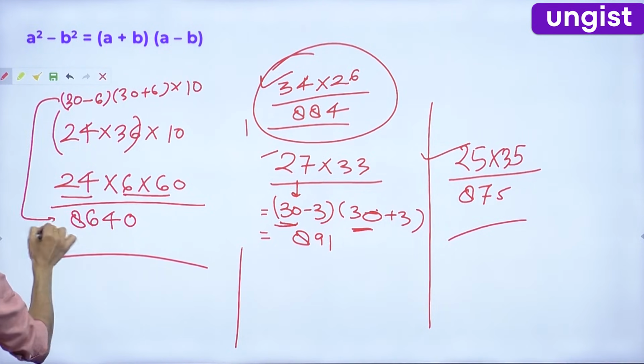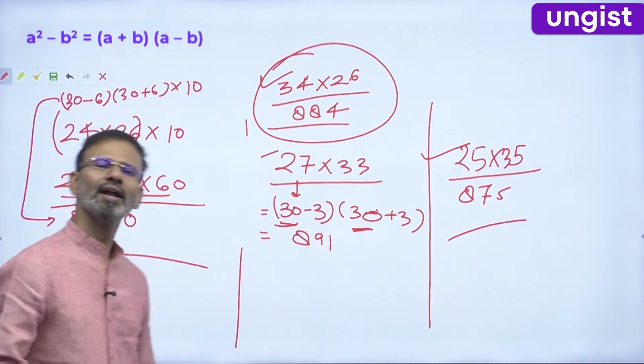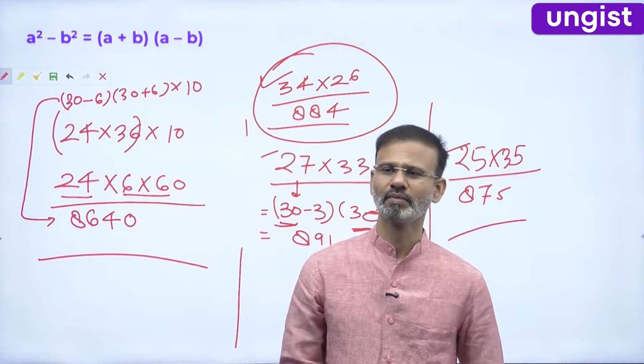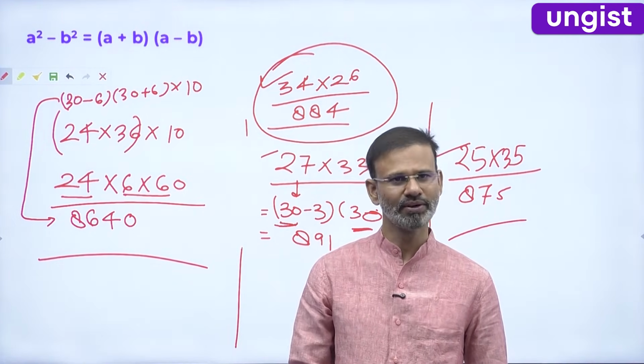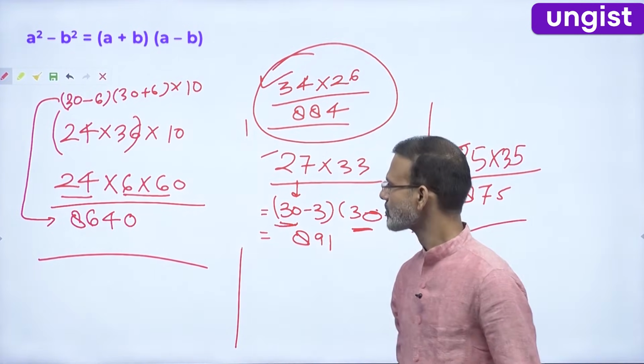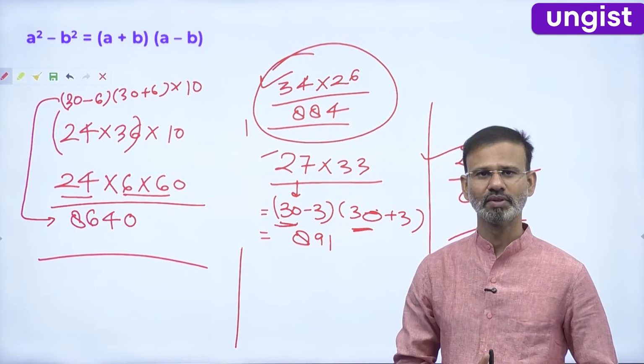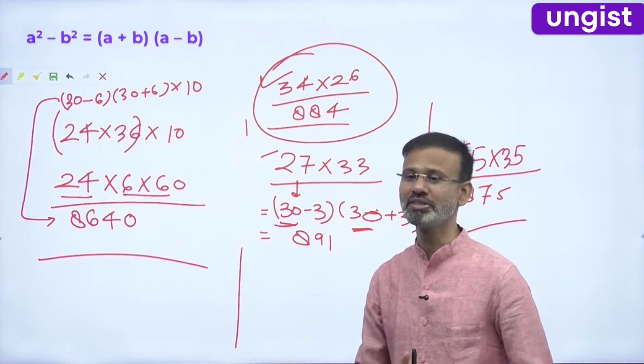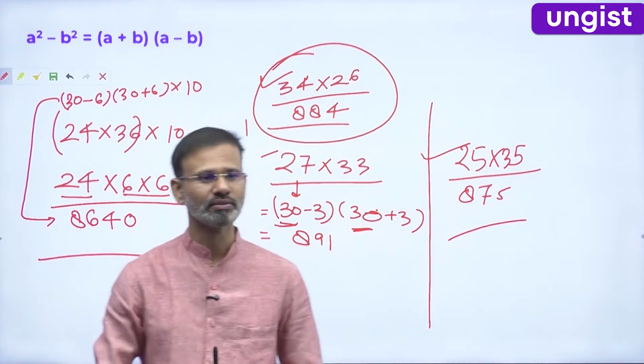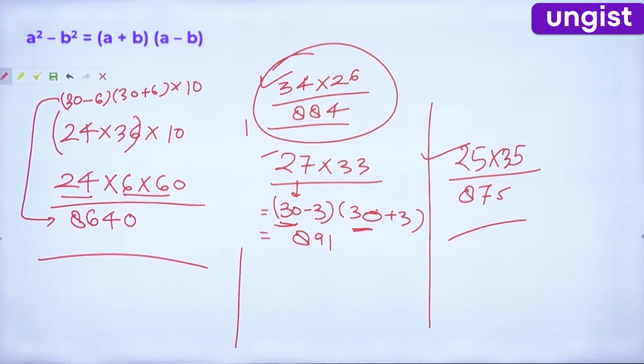Fine, everyone? This is the answer. Any doubt, guys? Any query? Right? So in these small things, you may use this type of process. Right? This will save your time actually in the examination. Right? Okay? All right.